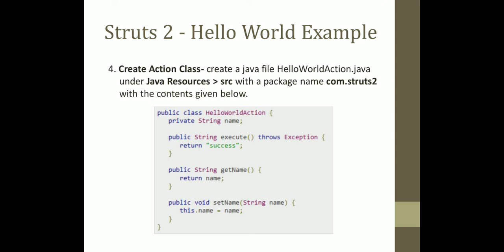And one more publicly defined function, public String getName, will return the name. Then public void setName, where we have passed a parameter String name. And we have used the this keyword, that is this.name equals name, so it will give the name that is given with the first String object.